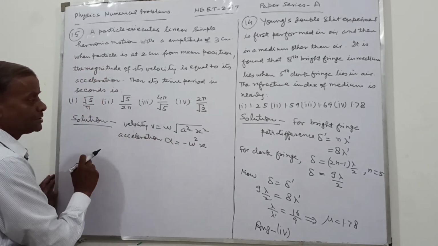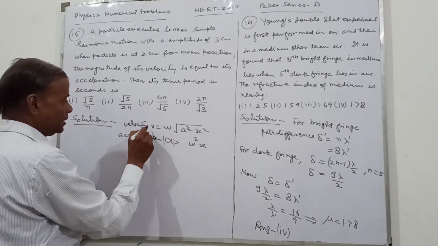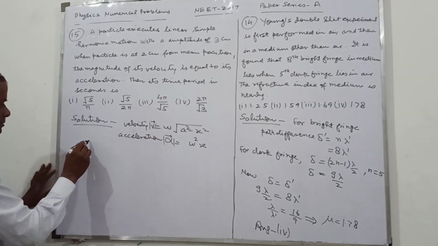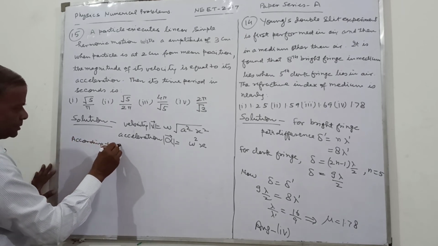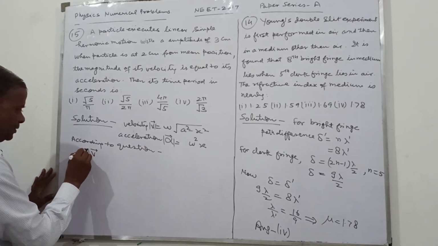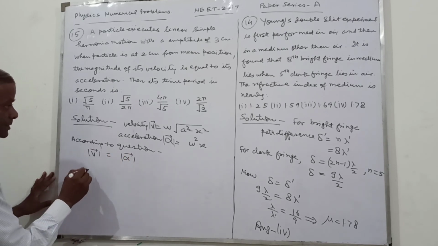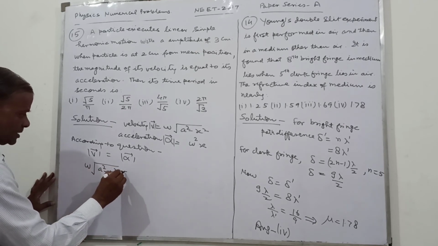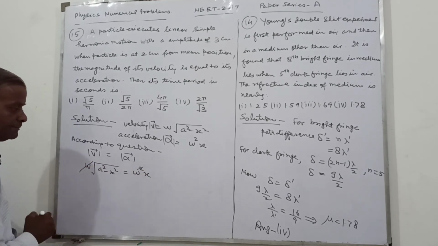Now the magnitude of these two is equal. If we take the magnitude, the minus sign will cancel. According to the question, the magnitude of v equals the magnitude of alpha. So omega into square root of a square minus x square equal to omega square x. Now this omega will cancel.